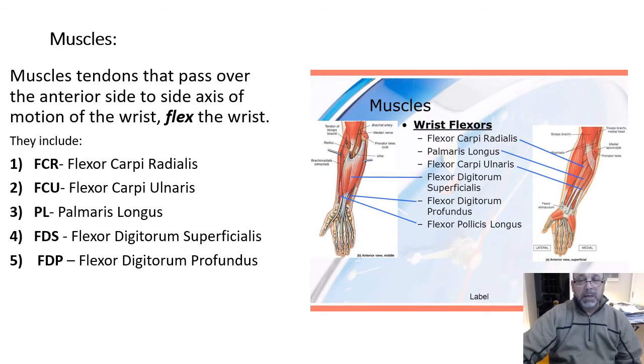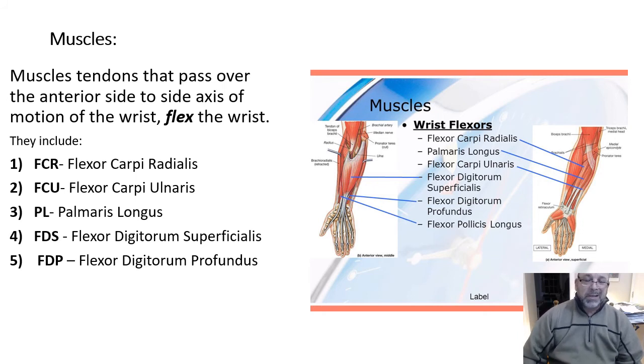Now, if you look at the image to the right, it says flexor pollicis longus as well. We're not including that. We're using Sieg and Adams' list for the flexors of the wrist. So according to Sieg and Adams, there are 5 flexors of the wrist, not 6.